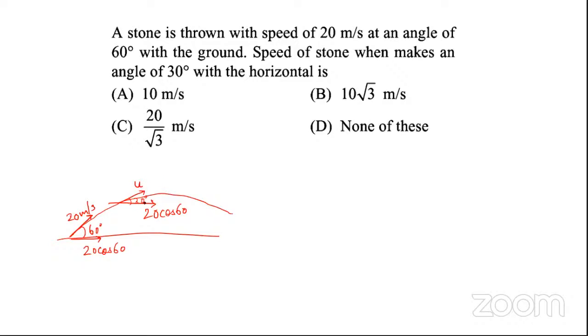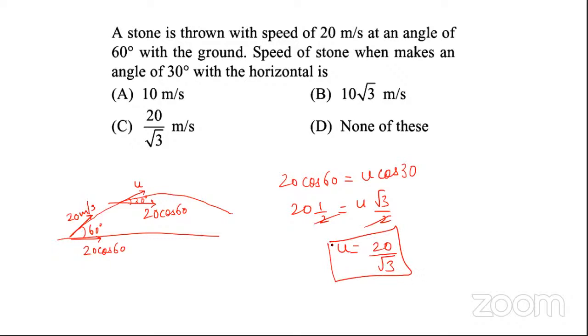So it is also u cos 30. So we can equate both of them: 20 cos 60 equals u cos 30. That gives us the option C.